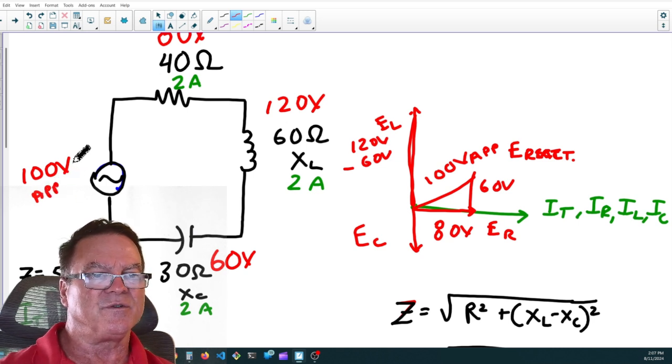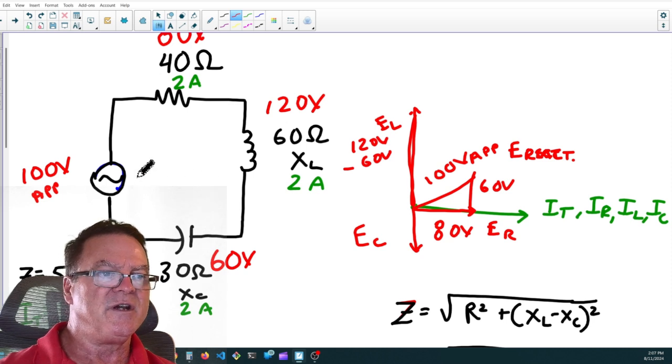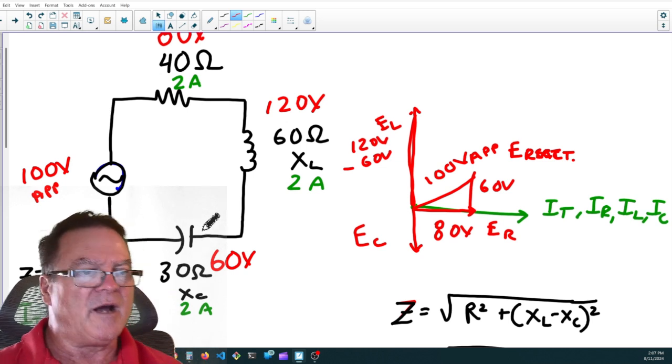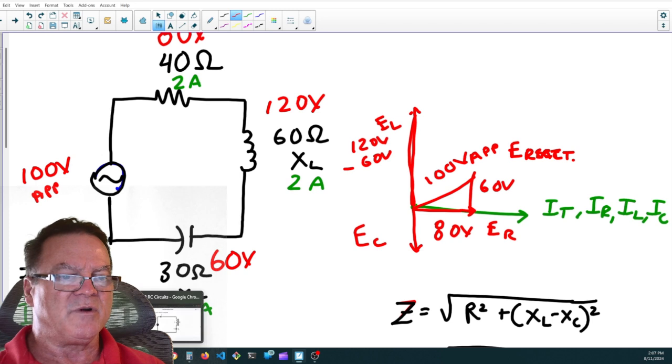Sometimes they call it source voltage, sometimes they call it applied voltage. That's the voltage. All right, I'm confused. Let's go back to the book.